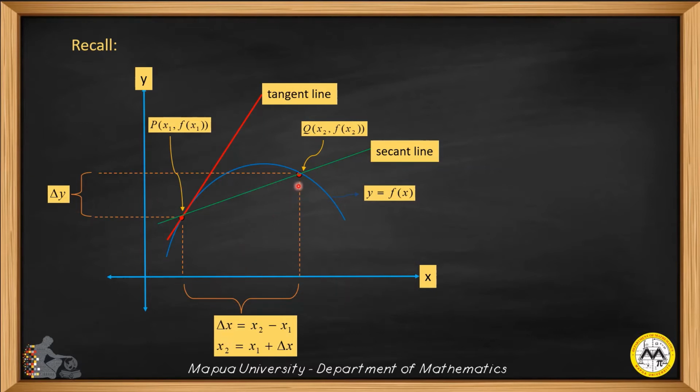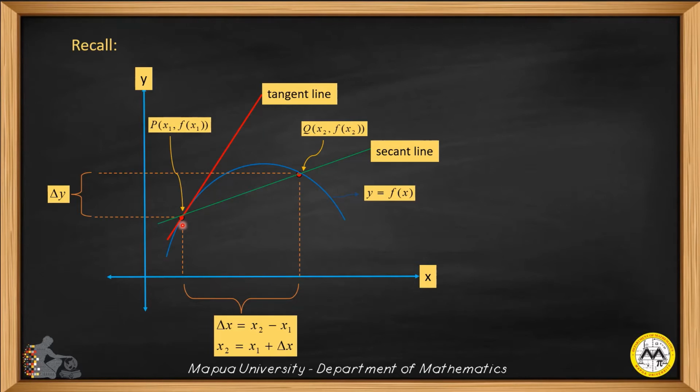Now, if we move Q closer and closer to P, the secant line would be rotating towards the red line, which is the tangent line to the curve at point P.